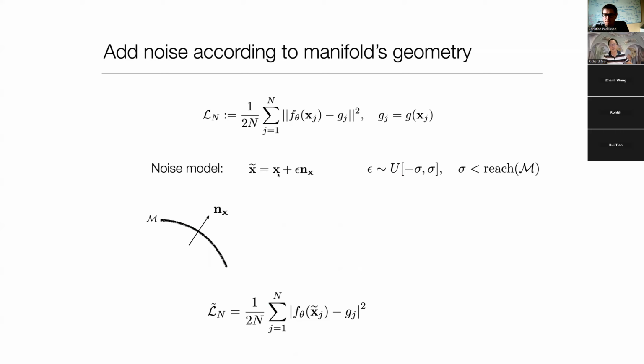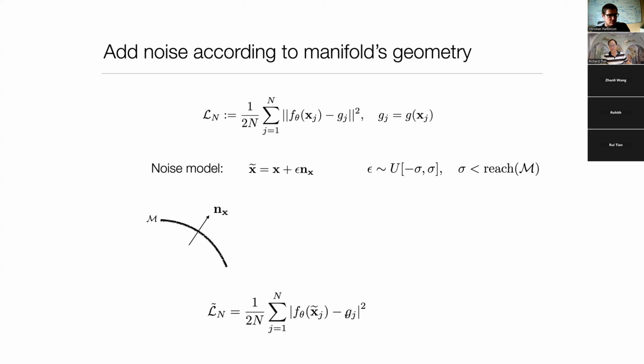X is my data point, the coordinates of the data point. And I'm going to add epsilon amount of noise, sufficiently small, so small that it's actually within the reach of this supposedly smooth manifold. So this is my noise model. After adding the noise, the original empirical loss becomes this form, L tilde n, where you evaluate your network at these perturbed x coordinates.